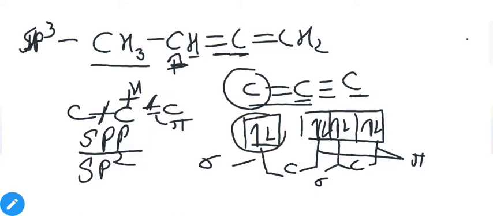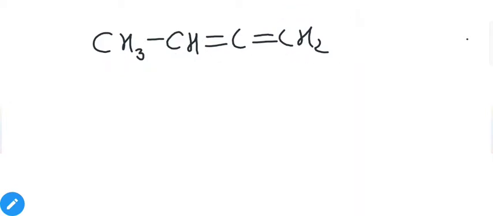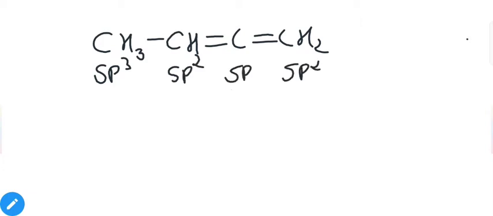So we have one sigma bond in s orbital and one sigma bond in p orbital. So the hybridization of this carbon will be sp, and this last carbon has sp2 hybridization. That means this carbon has sp3 hybridization, next one is sp2, then sp, and the last one is sp2 hybridization.